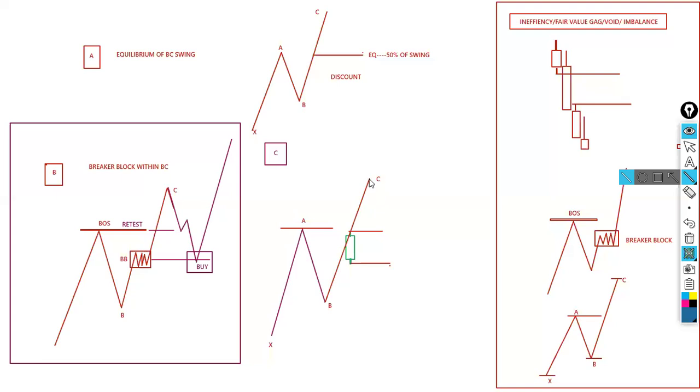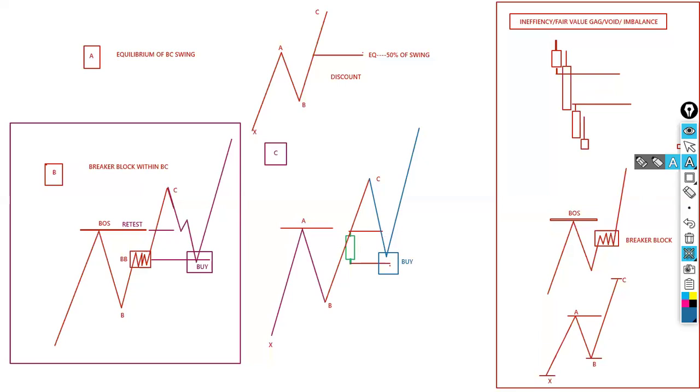So I will be expecting that the market will retrace and fill the inefficiency, or void, or fair value gap, whatever you want to call it, and then the market will most likely continue to the upside. So within my BC leg, if I find any inefficient candle, then I will expect that price will come back and fill it before we look for a buy opportunity.